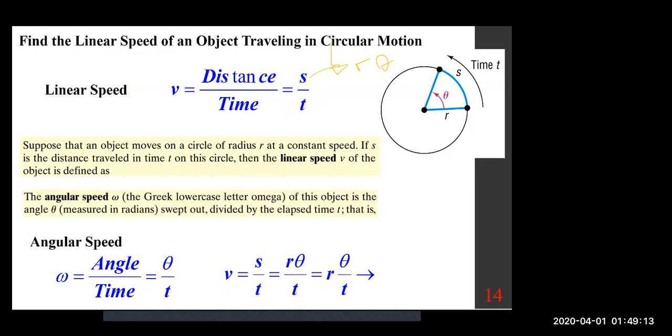And so v equals r omega. Omega represents the angular speed, everybody. V equals r omega, angular speed. All right, I'm going to move on and look at some examples.